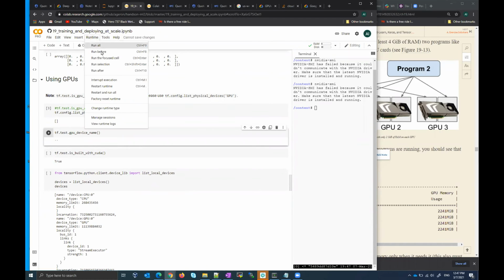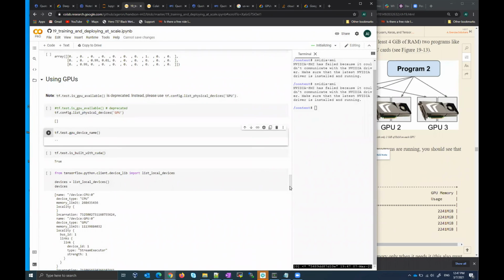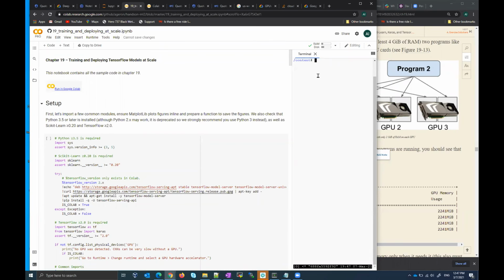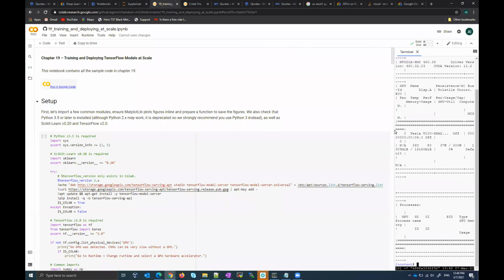Oh, yeah. I forgot to change the runtime to GPU. Now it should be here. Yeah, it is there. Full screen.